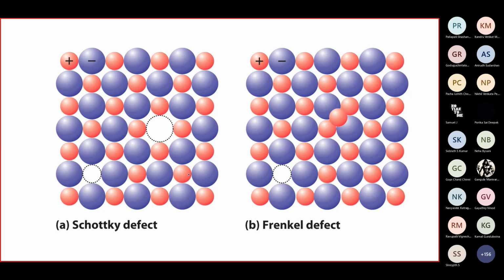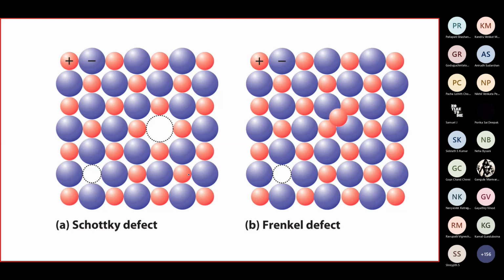What is a Frenkel defect? When an ion moves from its lattice site to another site, the interstitial site. Correct. When an ion moves to an interstitial position, a Frenkel defect is formed.